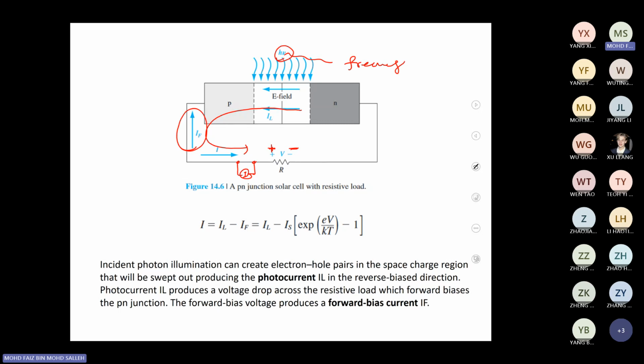So if you want to know how much the total current flows towards this load I, it is the produced photon current IL minus that forward bias current. And this forward bias current is given by the diode equation. So the diode looks like this, right?